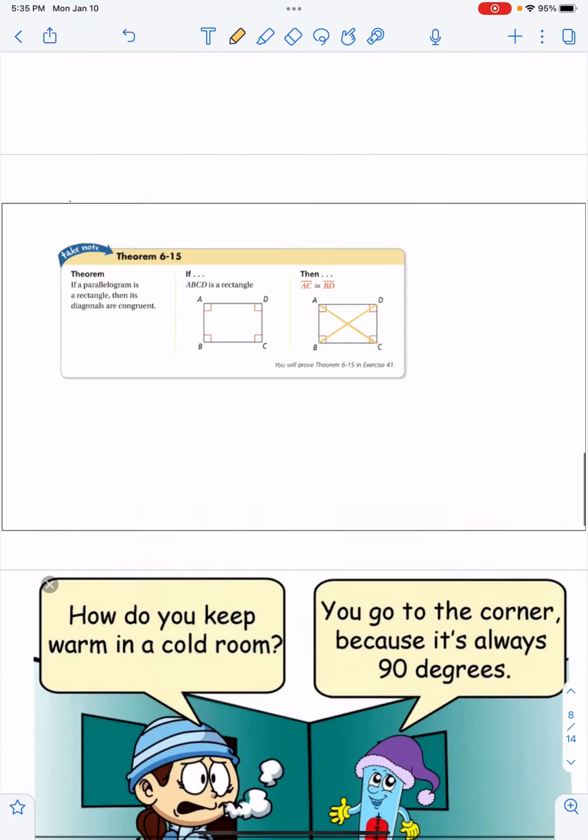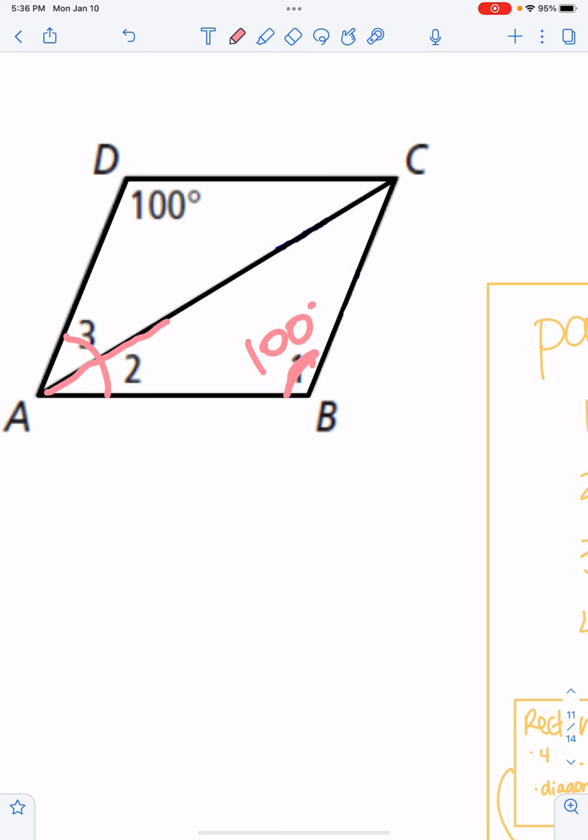Okay, for parallelograms, we know that the opposite angles are equal, so this has to be 100 degrees. And we also know in a rhombus, which this is, that diagonals bisect. So whatever this one is, it has to cut it in half, meaning this and this are the same.